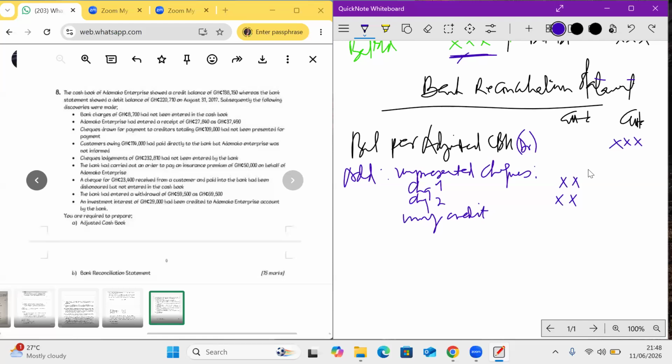Now, wrong credits. Unpresented checks mean that the business gave out checks to suppliers, and those checks were not sent to the bank as at the date of reconciliation. Not that the suppliers will not send the check to the bank, they will.